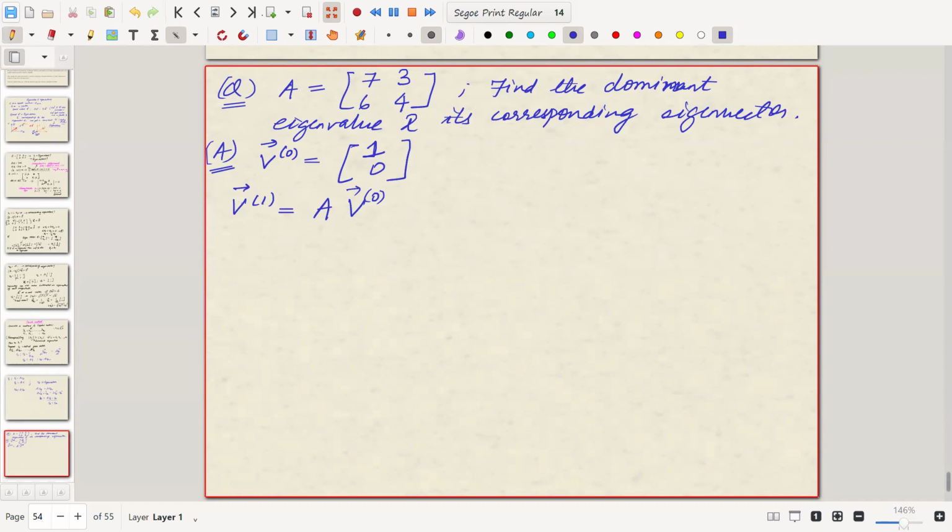But the problem we will run into here is that we will get a vector, but we should work with a unit vector. So at every step of the power iteration, it is strongly recommended that every vector you get, you normalize and bring it down to a unit vector. How will you make a unit vector? A into V is another vector, right?